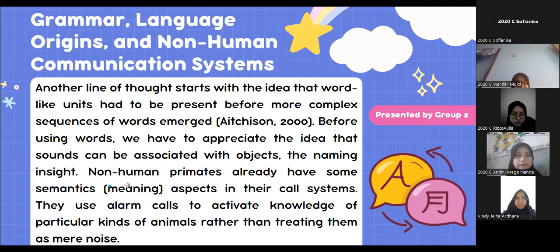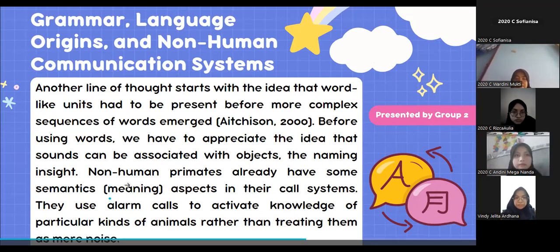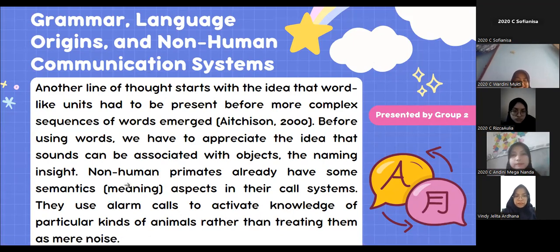Thank you, Andini. Grammar, language origin, and non-human communication system. Another line of thought starts with the idea that word-like units had to be present before more complex sequences of words emerged (Aitchison, 2000).